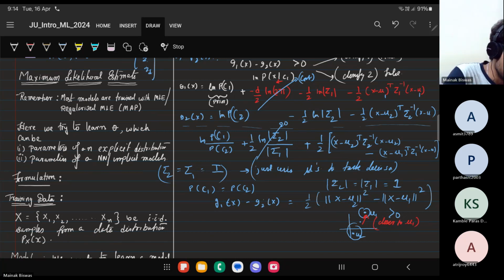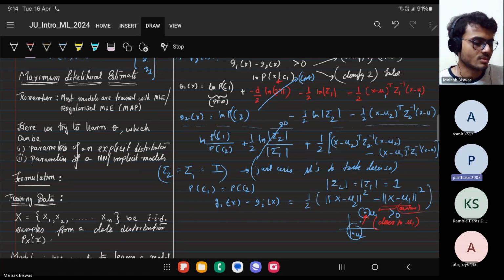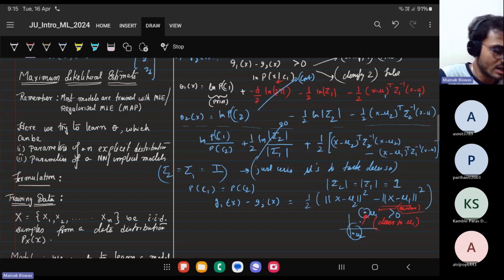This is the Euclidean distance. The Euclidean distance to the mean of the first distribution is lesser, so you take a decision. So very often in very simple systems, this is what is done. You take the mean, see the minimum distance, and then classify. This is also one nearest neighbor classification. We'll see.